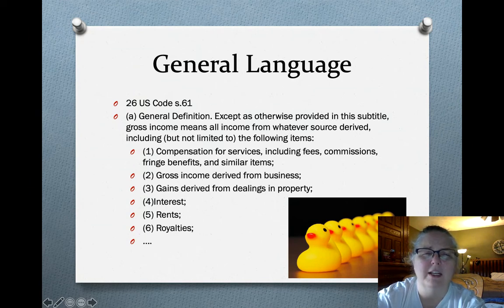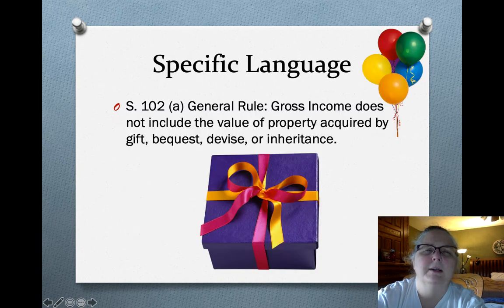General definition is not something you should look at as a key to whether something is a general versus specific provision. This is general because it is a statement that is going to be overridden elsewhere by other language, such as by specific language.